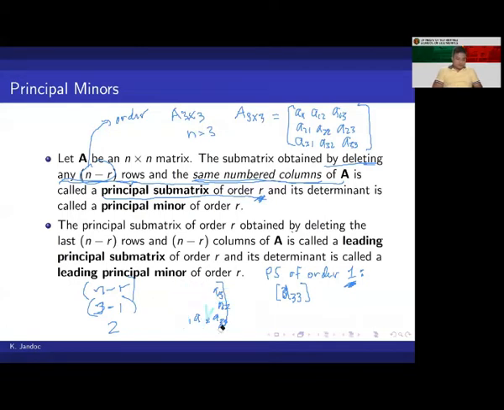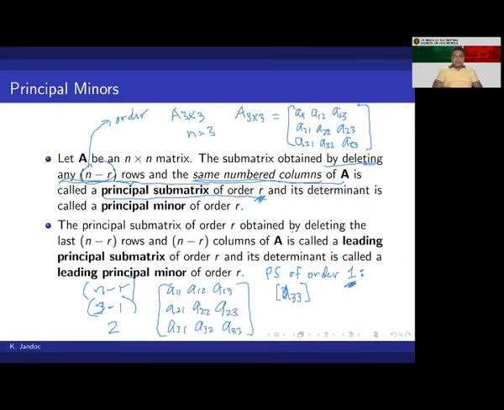So that's one principal submatrix of order 1, but it's not the only one. So another principal submatrix of order 1 is, let's just write this matrix again. A31, A32, A33.